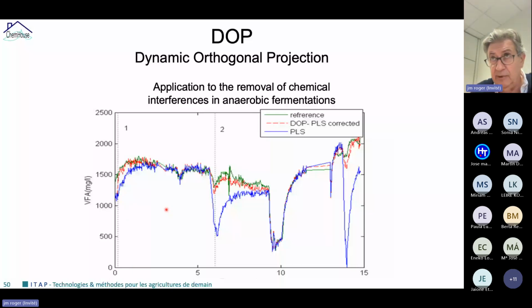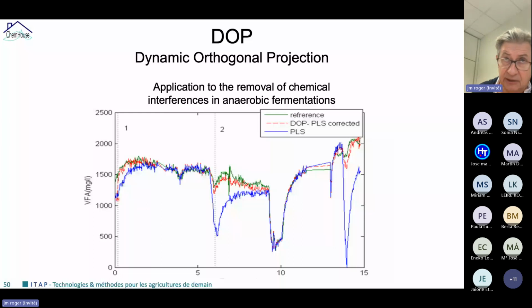And in green, we have the reference value, because we have an online sensor for making the precise evaluation of these compounds. We have made a PLS outside of this process, and when we apply this model on the process, we have the blue curve here.